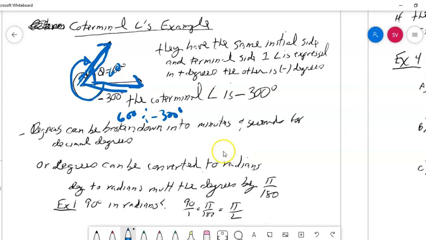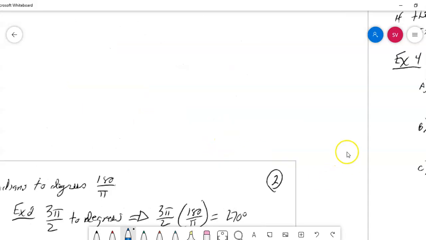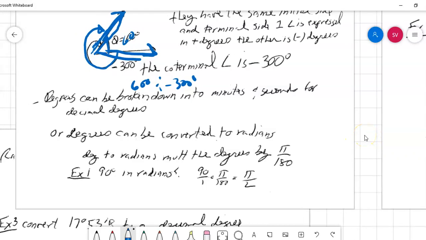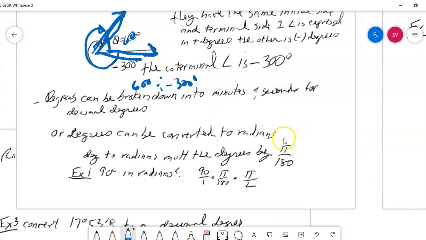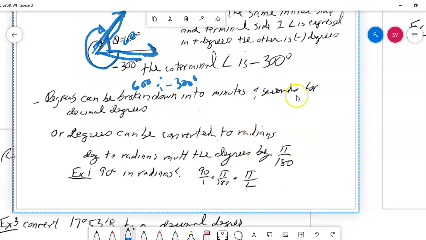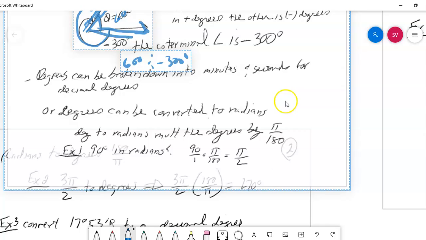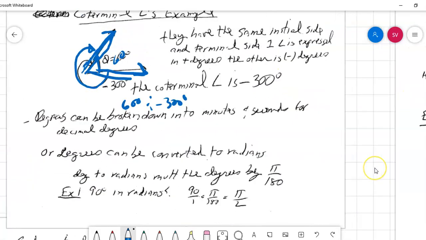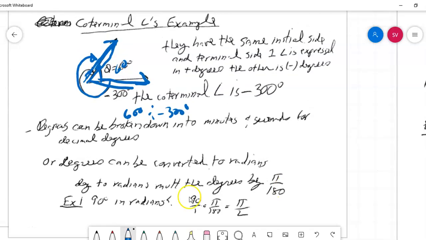Okay, very quick. Degrees can be broken down into minutes and seconds instead of having a decimal degree. Or you could convert degrees to radians. We're going to look at both of them here.